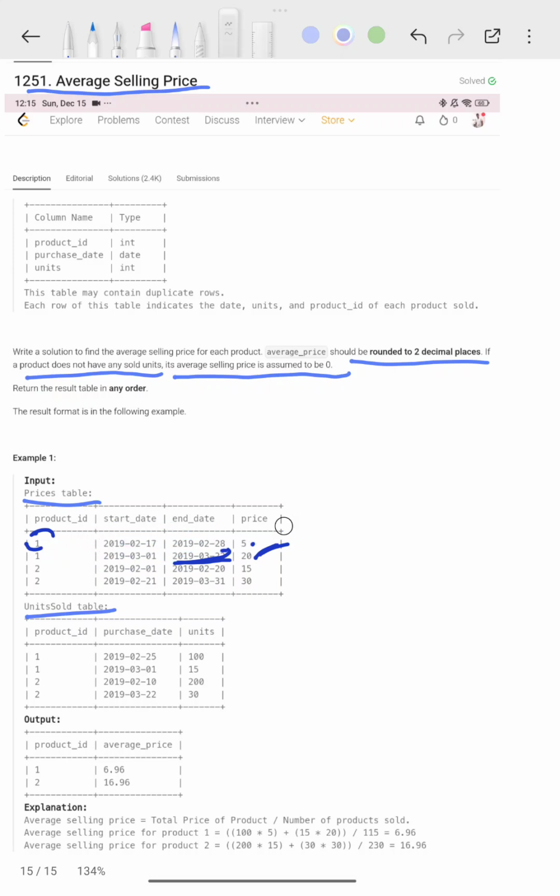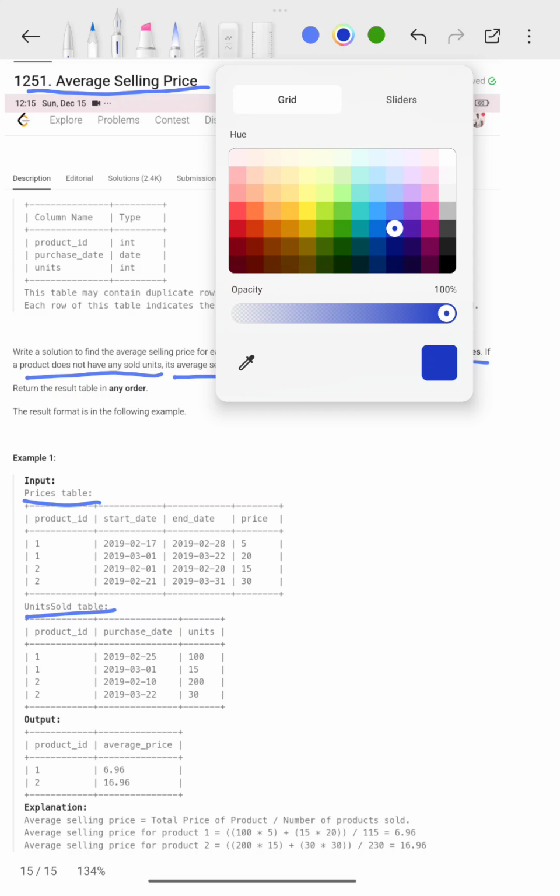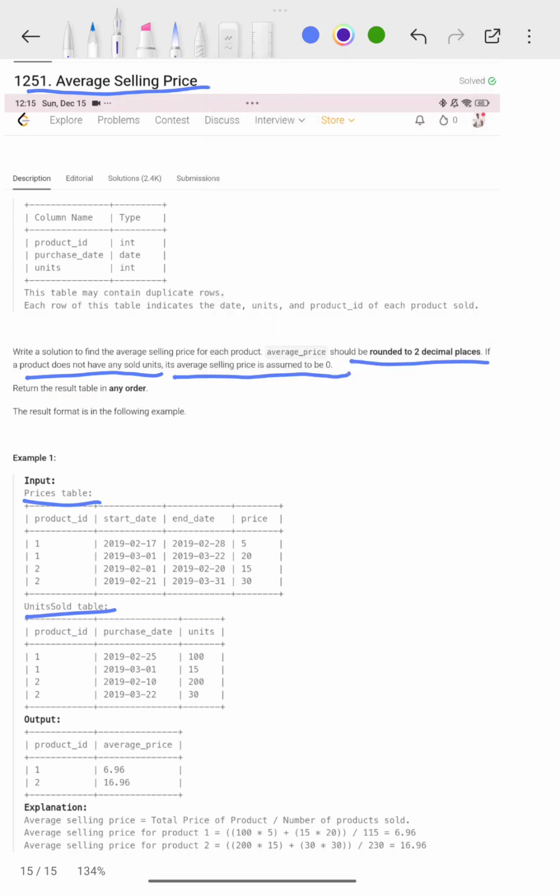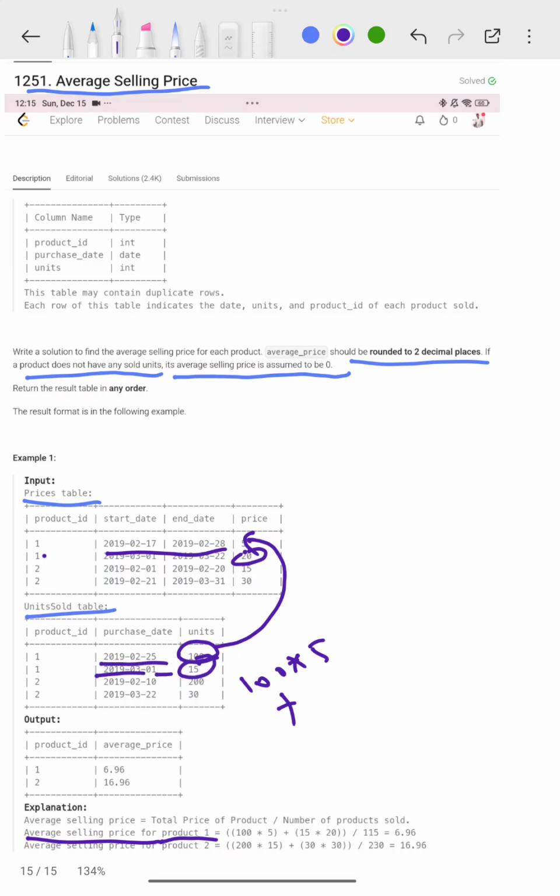Now, for product 1, the average selling price is: units we have taken, 100 into 5 for these dates, plus the same product sold between these dates at price 20 with purchase date falling under this, so 15 into 20.